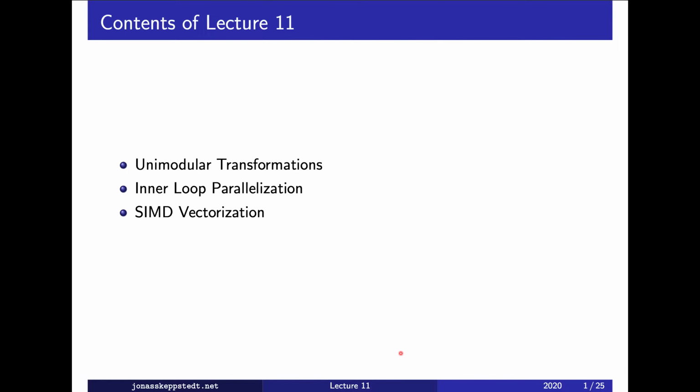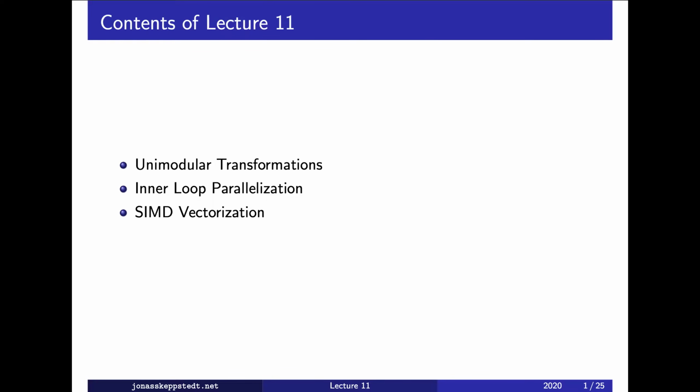We will continue with high order transformations. In the previous lecture, we created a distance matrix, and now we will create the unimodular transformation matrix, which is based on the distance matrix.